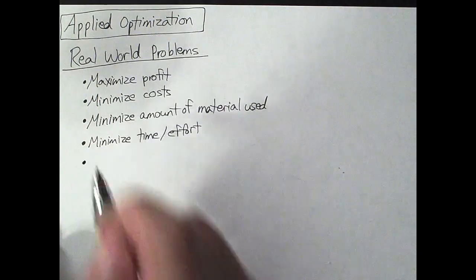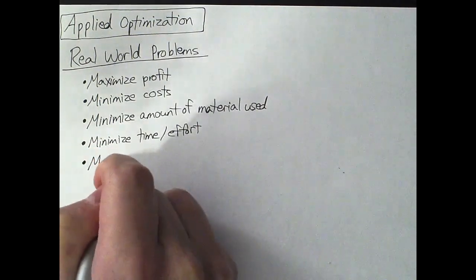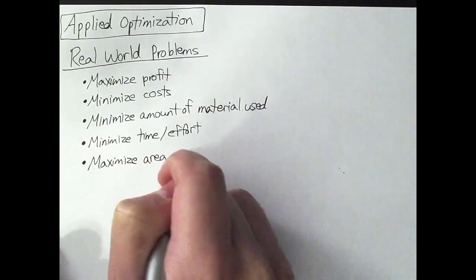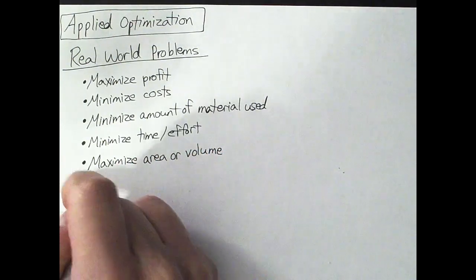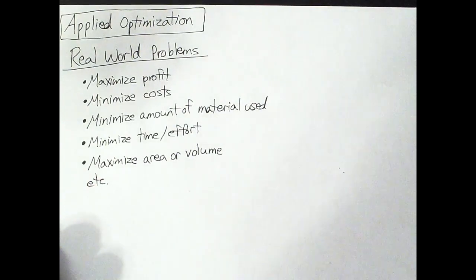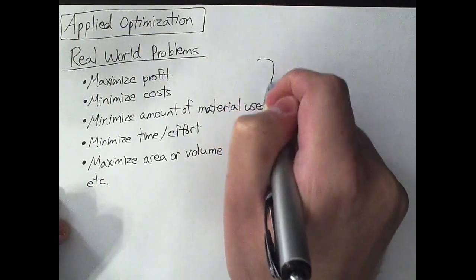Or let's say you're constructing something and you want to maximize the amount of area or volume. I'm just going to say here, etc. These are some examples. And the thing that all of these have in common is that they have either the word maximize or the word minimize.